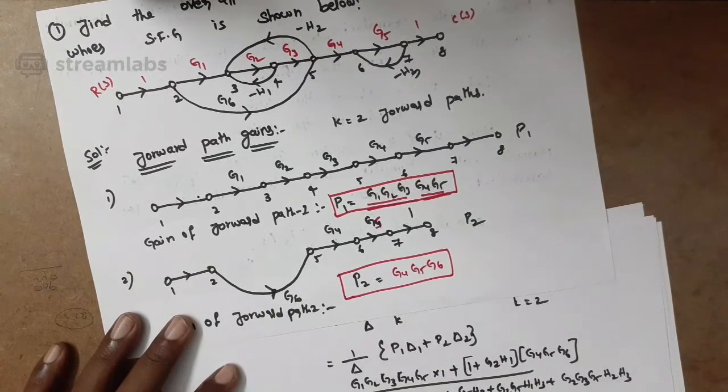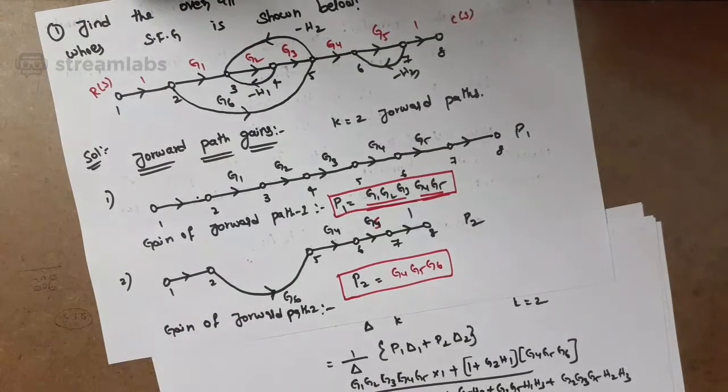by 1 plus G2 H1 plus G2 G3 H2 plus G5 H3 plus G2 G5 H1 H3 plus G2 G3 G5 H2 H3.